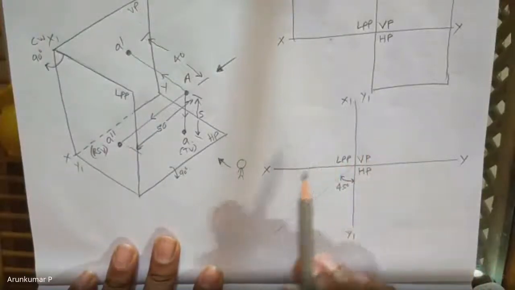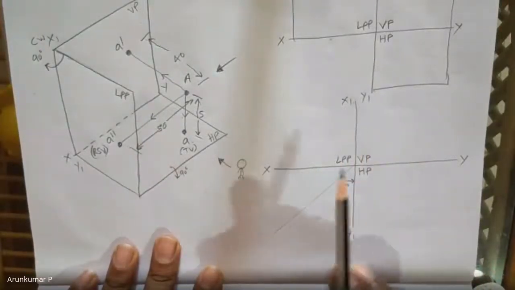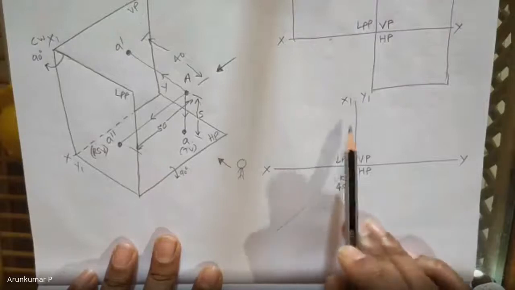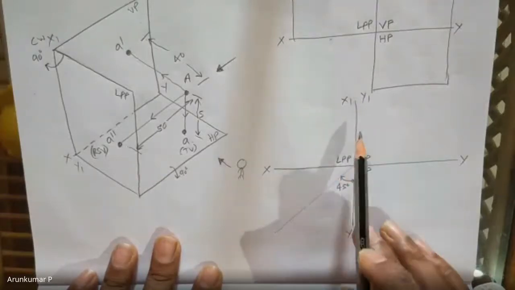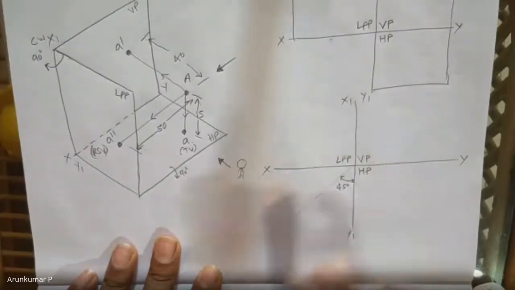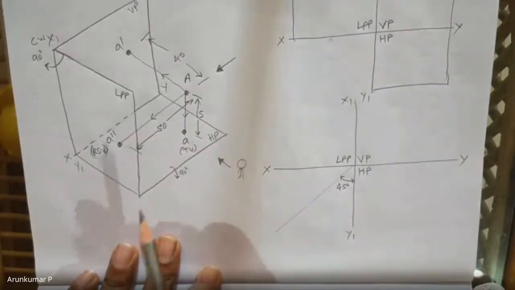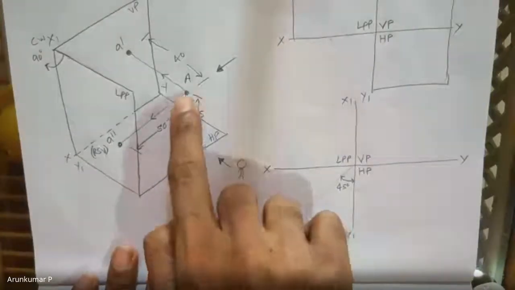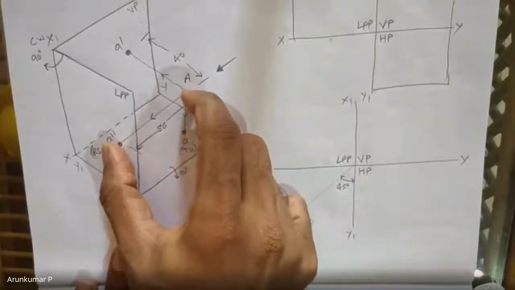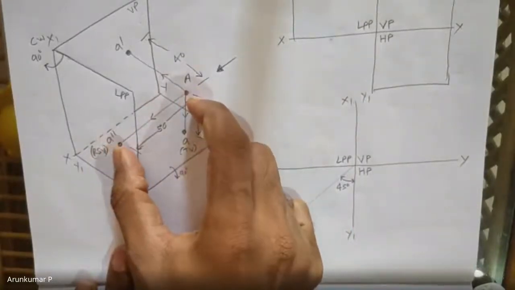We'll start with the projection. So as I told you, when the side plane comes into the picture, the distance of the point from the side plane becomes very important. Now tell me, at what distance is the point A from the side plane? 50 mm.